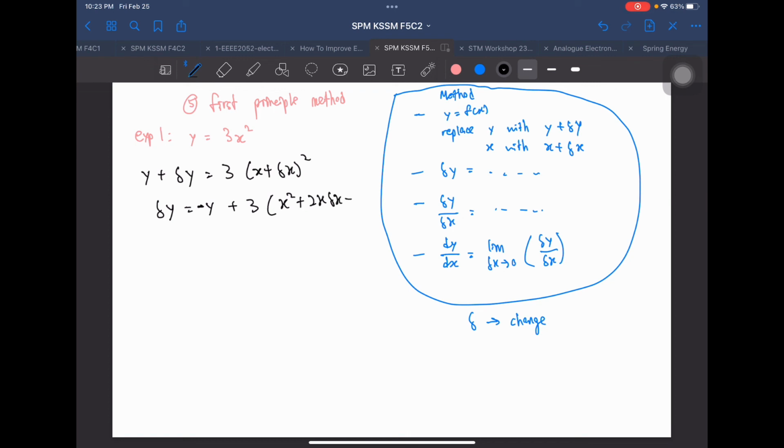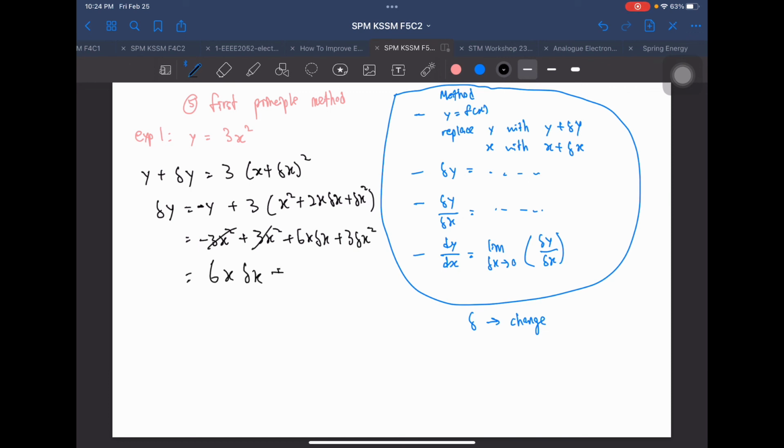If you move the plus to the right hand side, it is negative. So what is y? y is negative 3x squared. Expand this, cancel out, you're left with this.